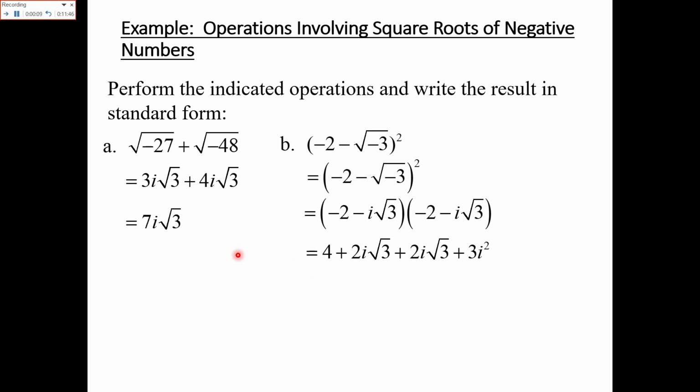Like we have to give the square root of minus 27. So it will become 3 iota times root 3, and for minus 48, the minus under root will become iota, and 48 will have 4 into 3 under root.